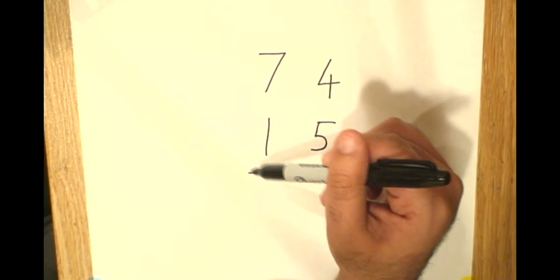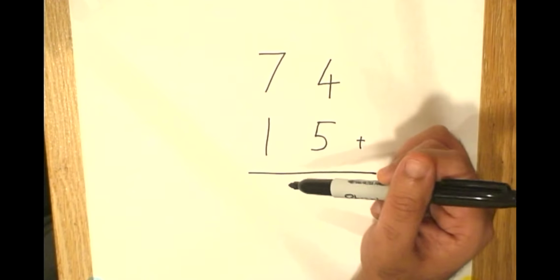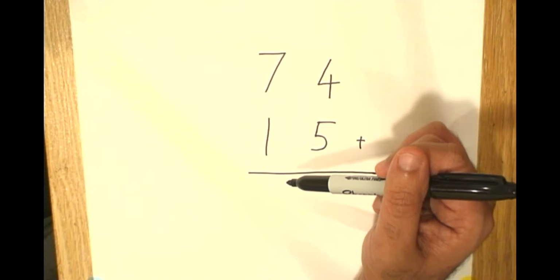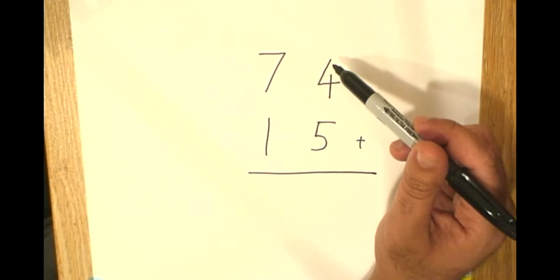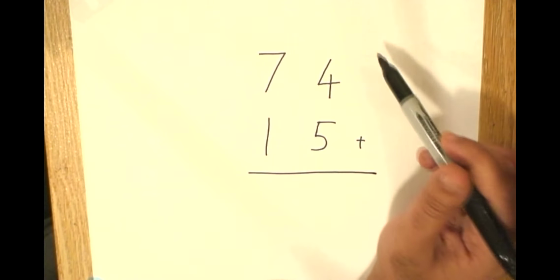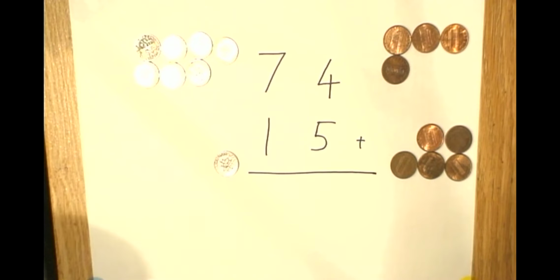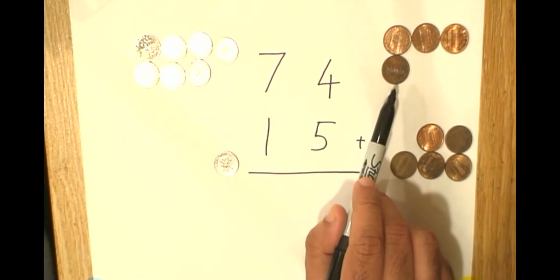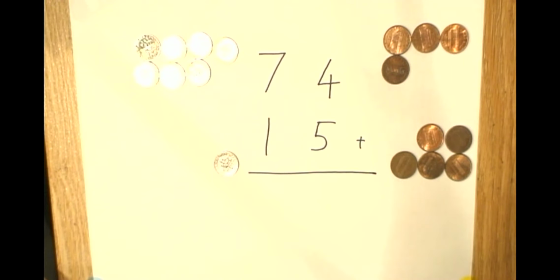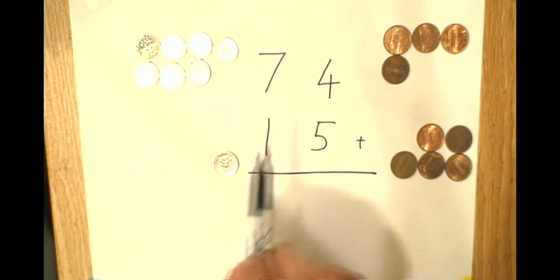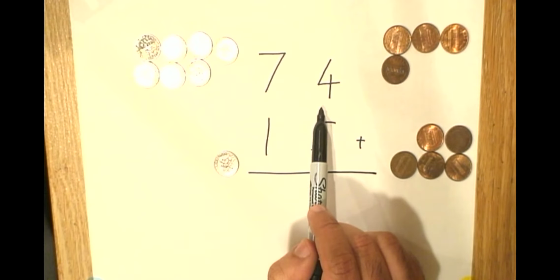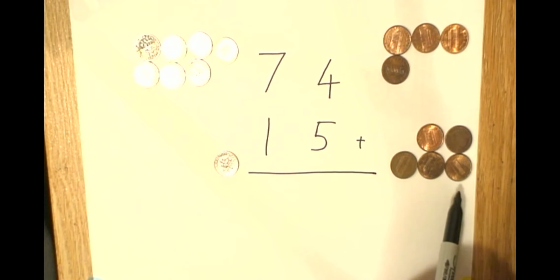The leftmost column counts the number of tens in each number, and the rightmost column counts the number of ones in each number. We could visualize the meanings of these numbers using coins. A penny is worth 1 cent, so we can represent the digits in the ones place with that number of pennies.